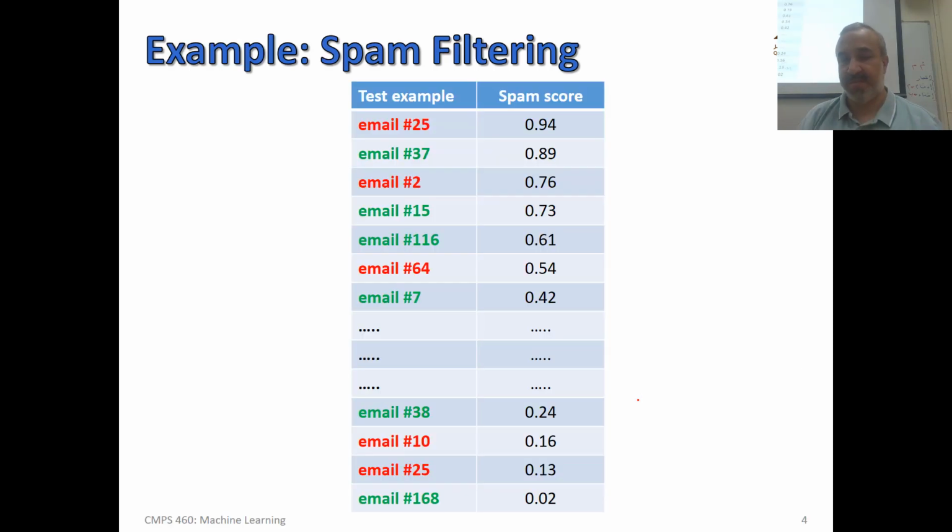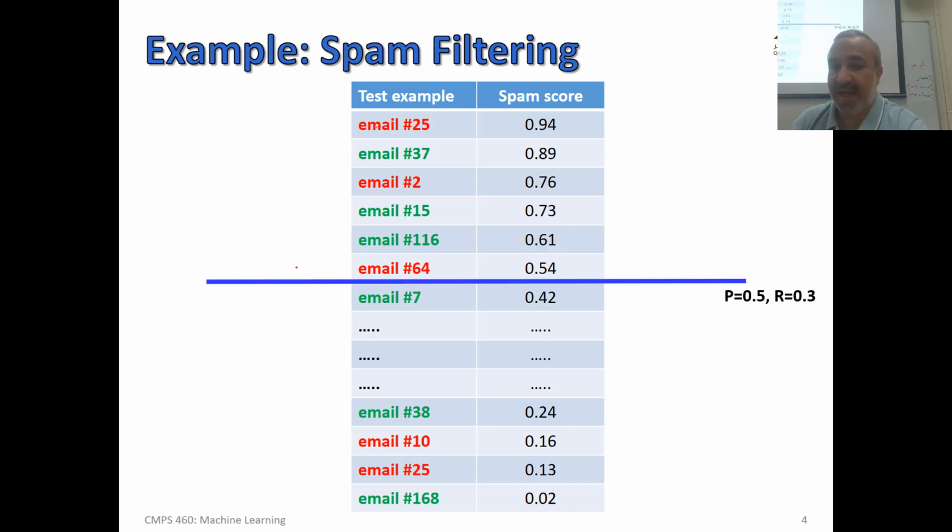Okay, so let me show you an example. Let's go back to the spam filtering example that we started last time. Let's say that these are the scores for a specific classifier. And of course, you see the color of the example here saying whether it is actually positive or negative. The red here is positive and green is negative. So if we take the threshold to be 0.5, we can compute precision and recall, right?